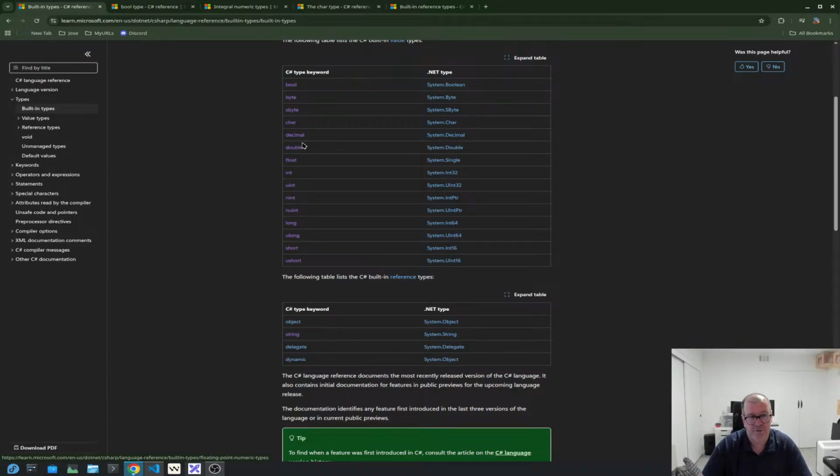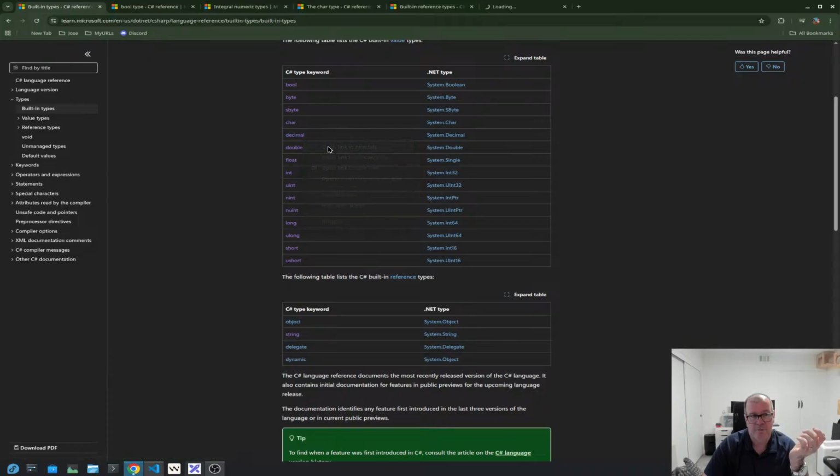Each one of those types is more suitable for a given case. For example, if we're using currency, money, we have to be careful not to lose precision when we do operations, so decimal is specific for that. If we're doing scientific calculation, then we can maybe use float or double. Most of the time, we're going to use decimal.